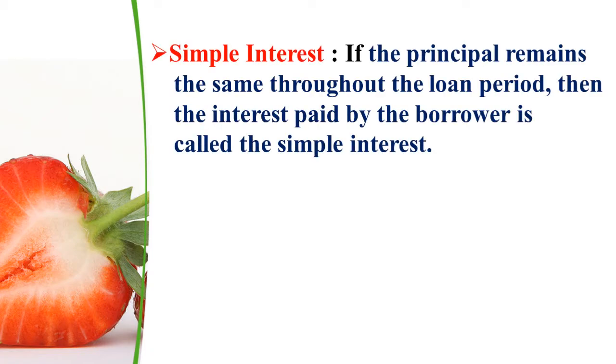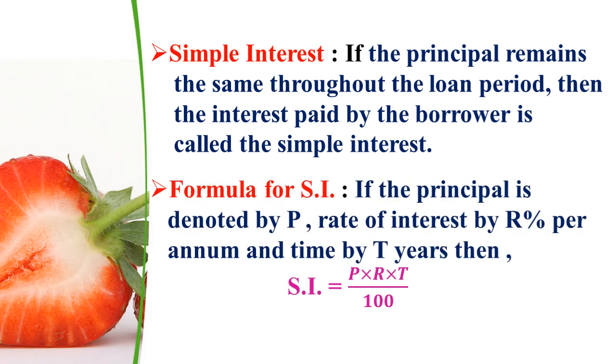Let's learn about simple interest. If the principal remains the same throughout the loan period, then the interest paid by the borrower is called the simple interest. Already we know the formula for simple interest.